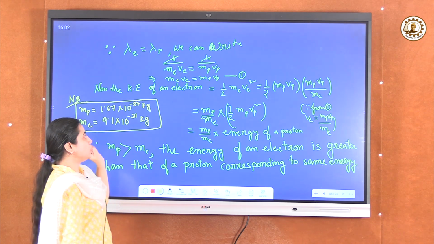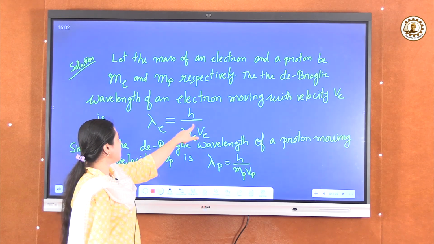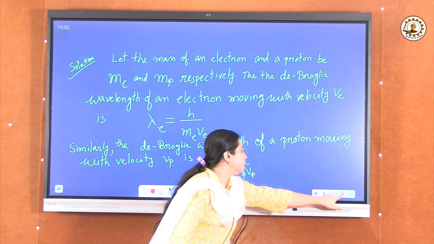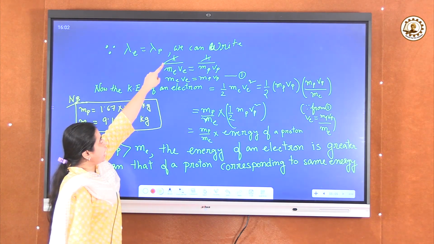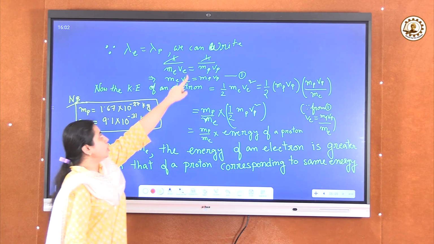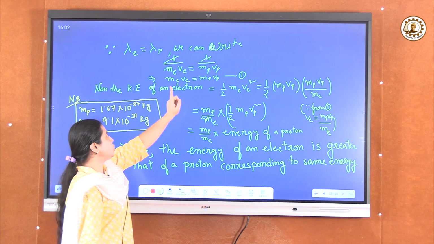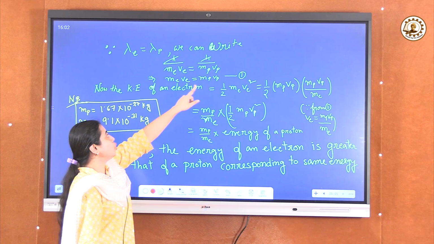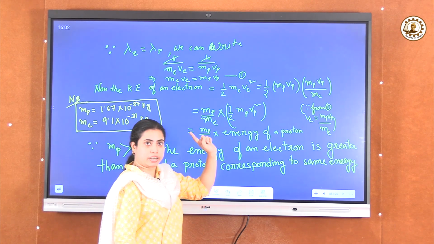From here, we have already written what lambda e and lambda p are, so h by Me Ve is equal to h by Mp Vp. You cancel h and you can equate Me Ve is equal to Mp Vp. I have given it equation number 1.